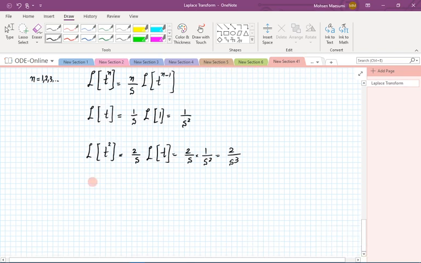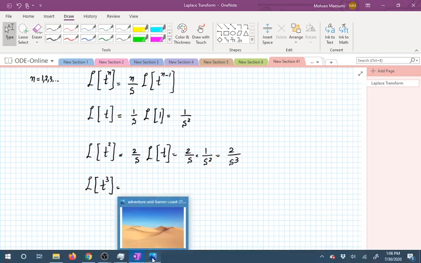Now, as usual, I'm going to insist you do the next. Laplace transform of t cubed. Follow that process as opposed to just saying the formula out. I like to see the process, not necessarily so much the final answer.